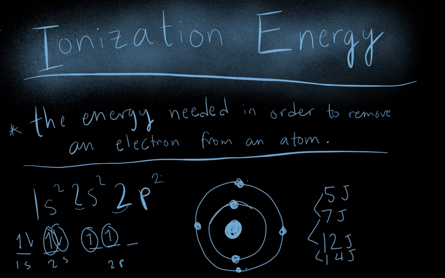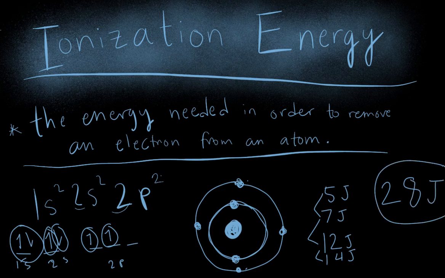Now we're moving to the core electrons. That's an area you don't want to mess with. So now we're moving to the innermost shell, or a core shell, and we're going to take away from that. We're going to see a huge spike. Let's say 29 or 28 joules required, and you see that's a huge spike.